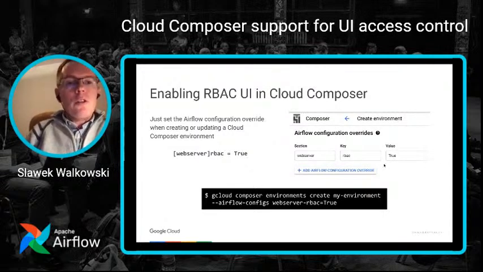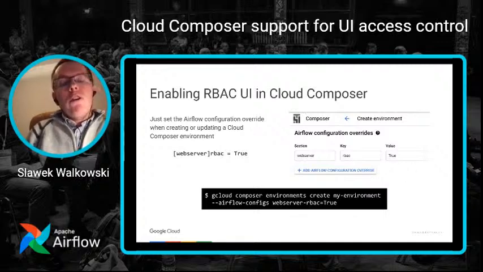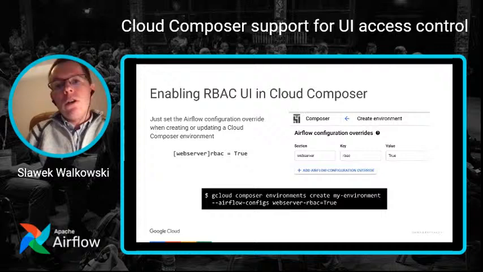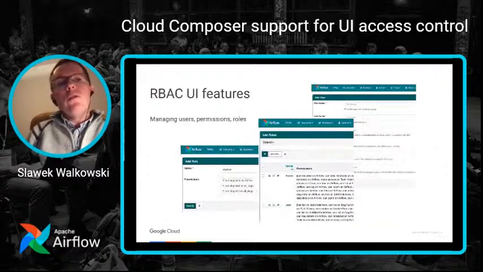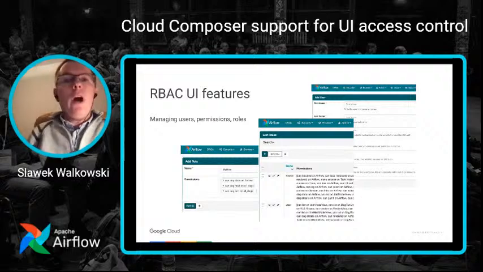In the case of Composer, this is set through the Airflow configuration override. When you create or update a Composer environment, you set webserver rbac to True, in the UI, in the CLI, or through the Composer API. And this way you get the environment with the RBAC UI.